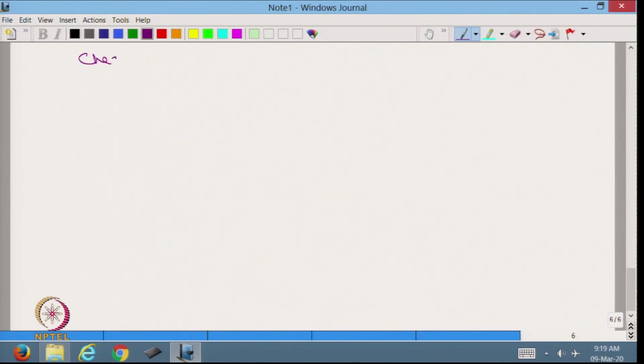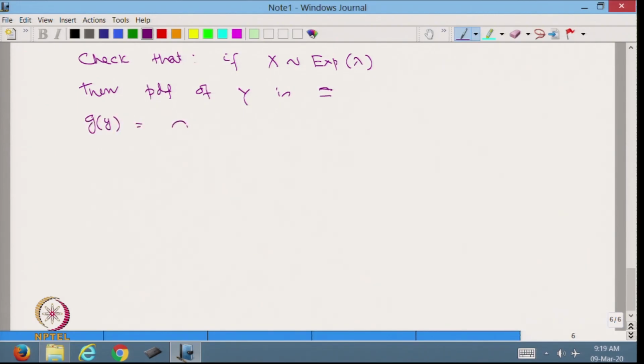Check that if x is exponential with lambda, then the PDF of y is going to be g of y is equal to lambda e to the power minus lambda y square into 2y.